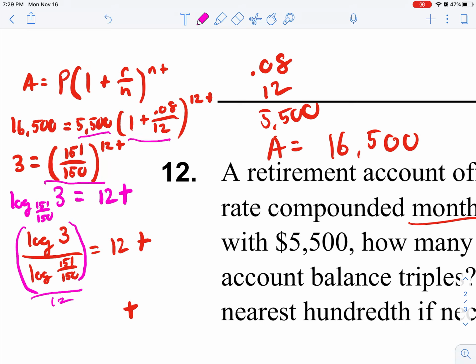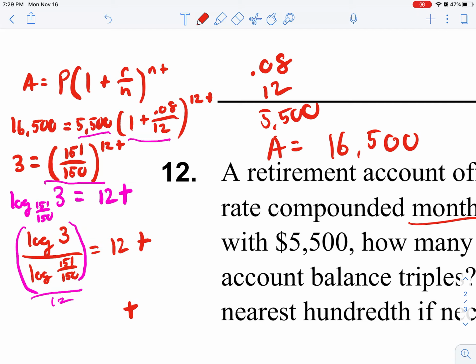Okay, so here I go. So log of 3 divided by, and I'm going to put all this in parentheses, log of 151 divided by 150. So that equals 165.34 divided by 12.